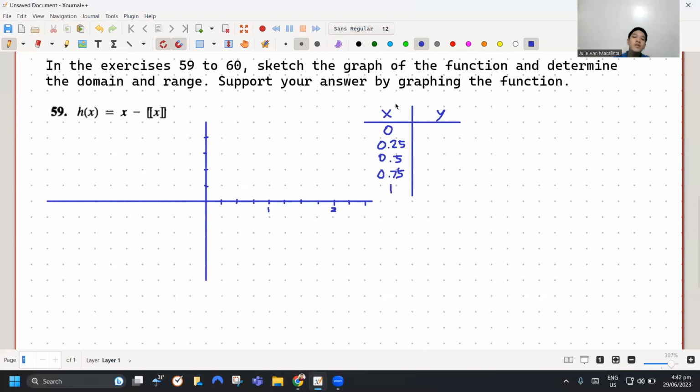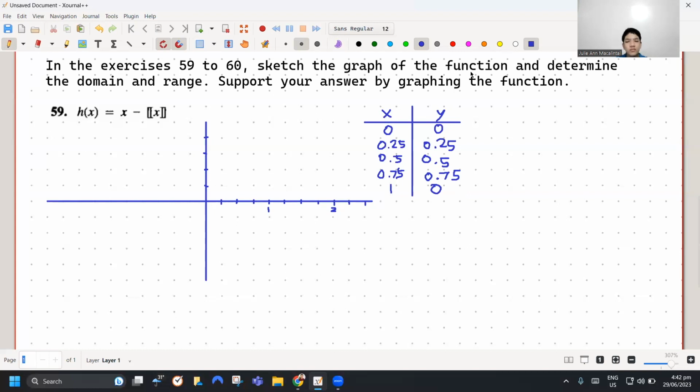0 minus 0. Something bigger than 0 minus 0. Still 0. Still 0. 1. Okay, ngayon yung 1 to 2 naman.